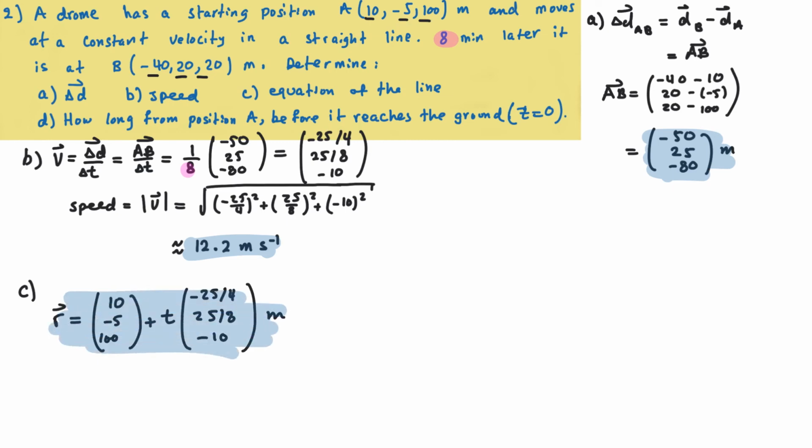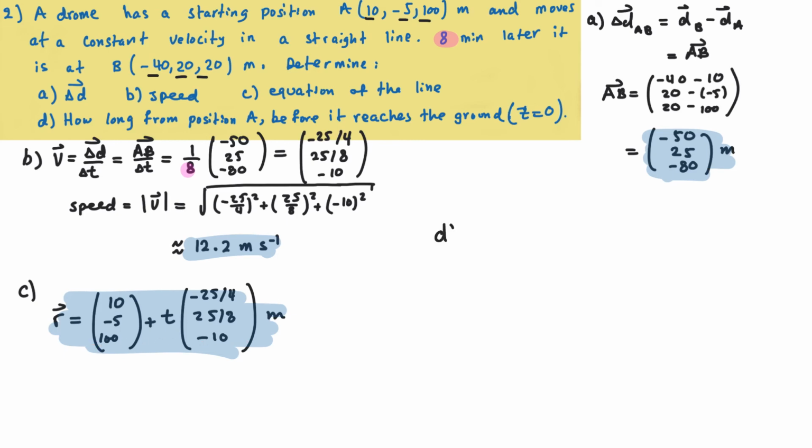For the last part, we are asked how long from position A before it reaches the ground, and by ground it means when the Z value is equal to 0. Well, that's not too hard because we already have our equation from starting position A. All we have to do is use the Z coordinates to figure this answer out.